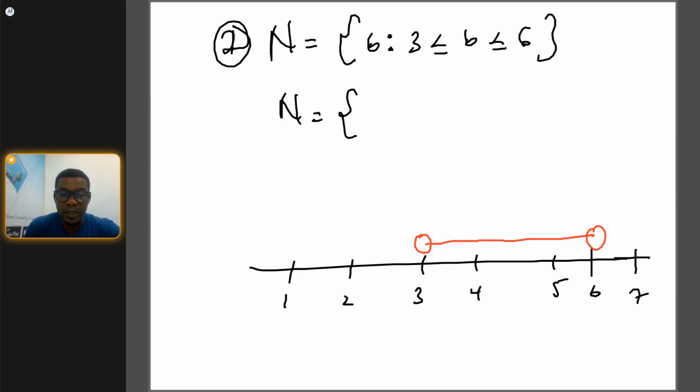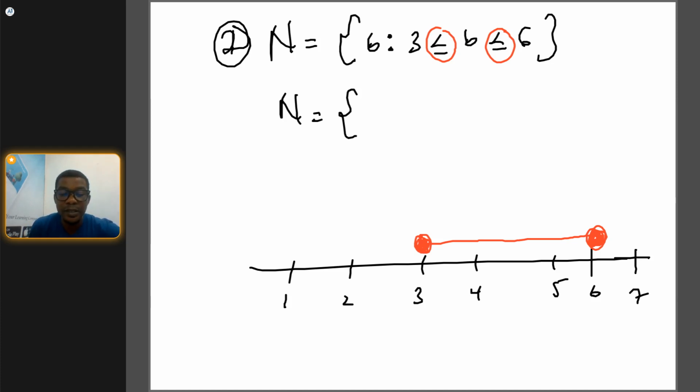Now you have to consider the inequality sign that you have. This is less than or equals to. That means I have to shade this. And also this is less than or equals to. That means I have to shade this. So shading it means I'm going to include 3 and 6 as part of the numbers I'll be writing out as my elements.